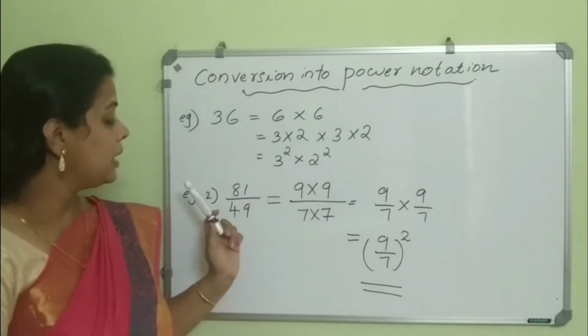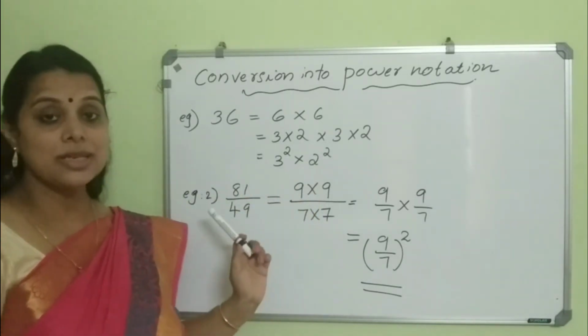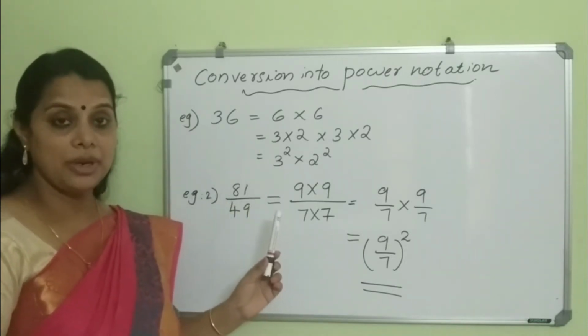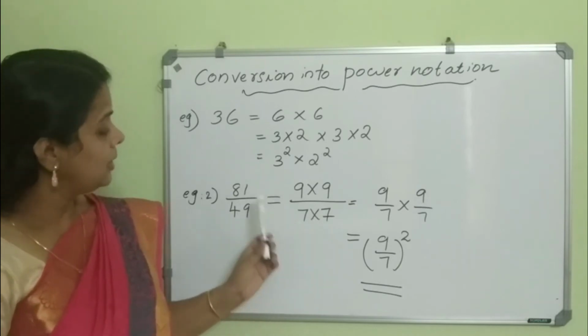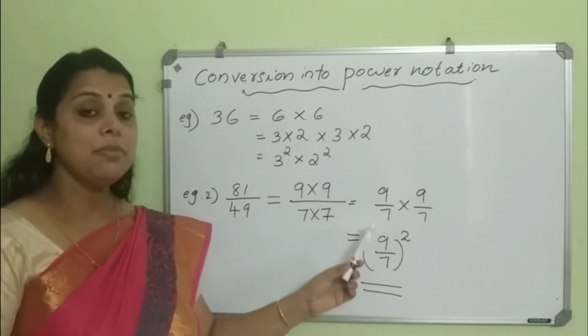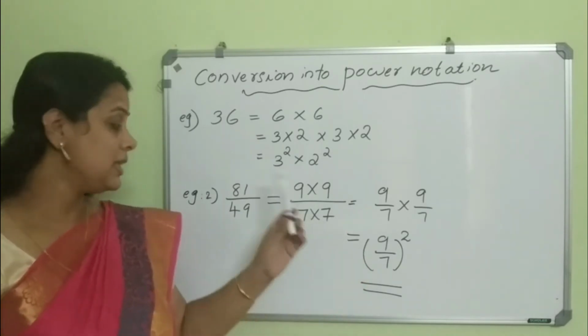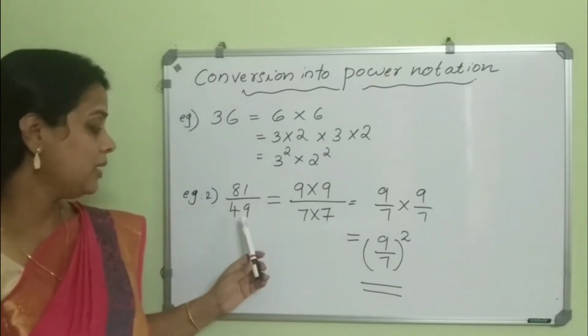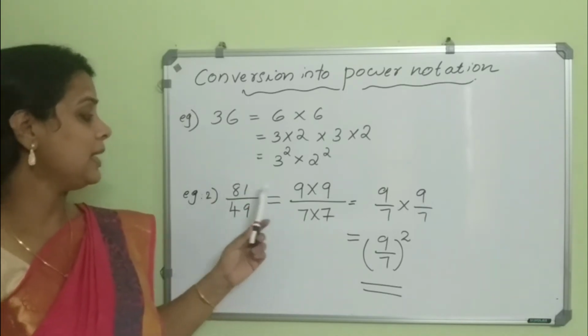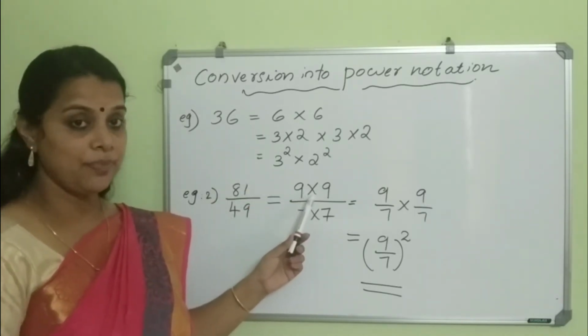Okay. In the case of a rational number, we need to find the factors of the numerator and denominator so that both numbers can be expressed with the same exponent. See this example. 81 divided by 49. It's a rational number. We can write 81 as 9 into 9.